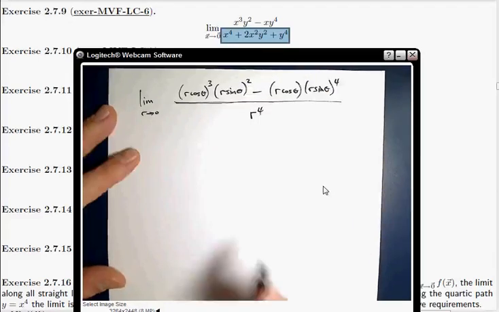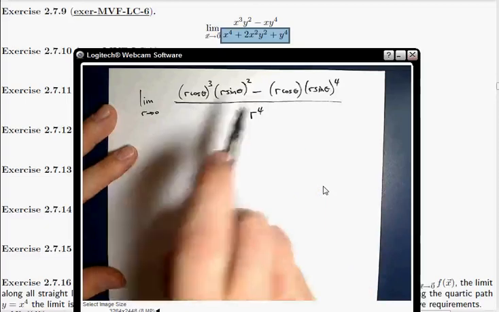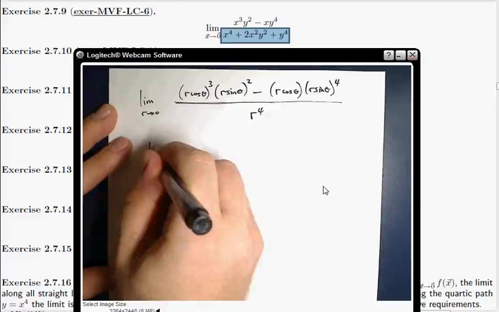And the good news is that we have at least 4 powers of r in both terms in the numerator, so this becomes limit as r approaches 0.